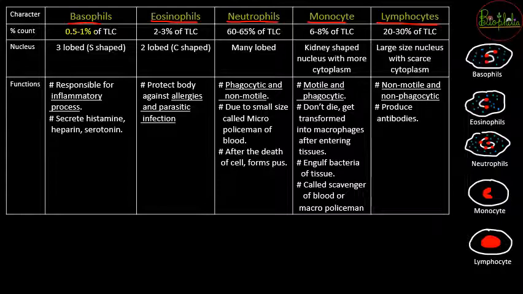In the case of eosinophils, it is about 2 to 3%. Neutrophils सबसे ज़्यादा होंगे, that is 60 to 65%. Then the monocytes and lymphocytes on the second number, that is 20 to 30%. तो यहाँ पर सबसे ज़्यादा in the case of count is the neutrophils, then is your lymphocytes, और सबसे कम कौन होगा, your basophil. So basophils are the least.